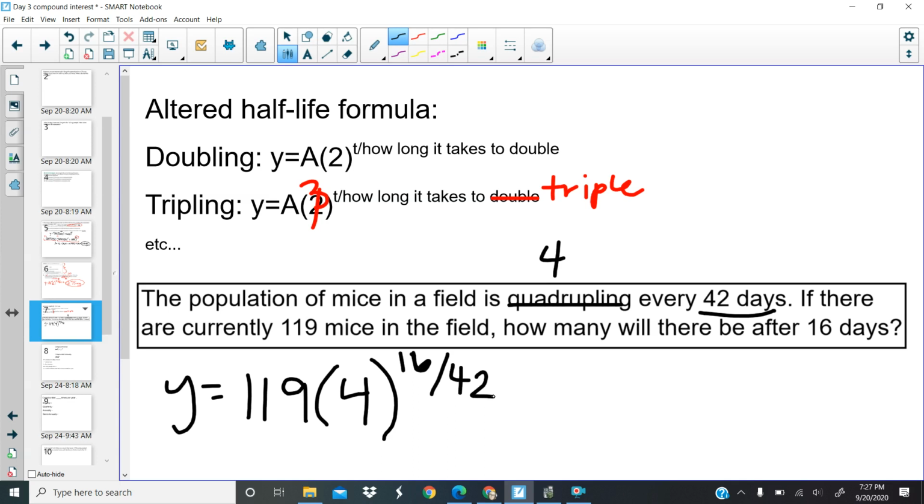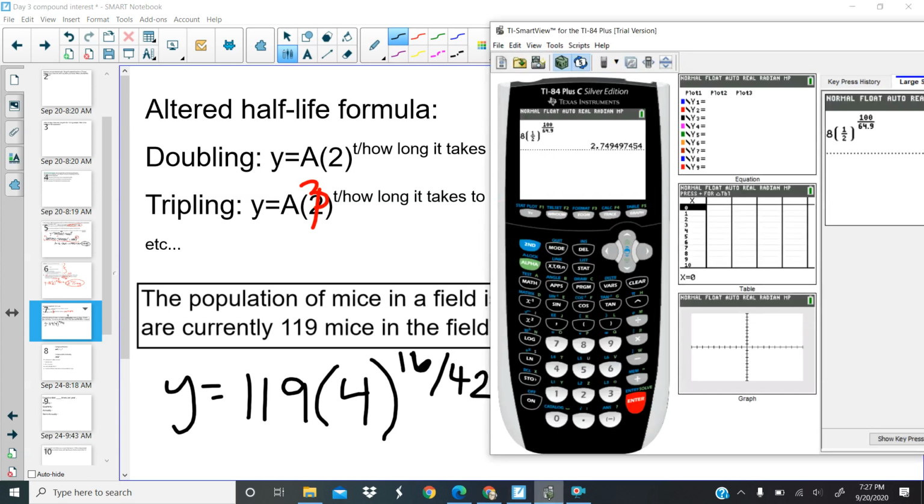And then I would need to type all of that into my calculator. So I would start with 119, and then in the parentheses I would put a 4 raised to the power of 16 divided by 42.